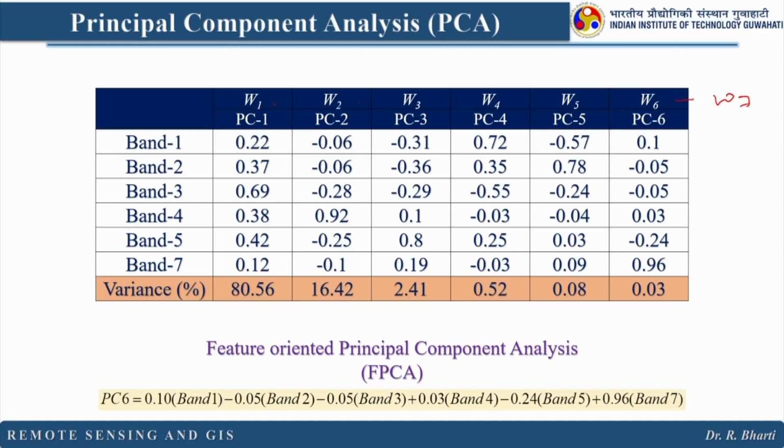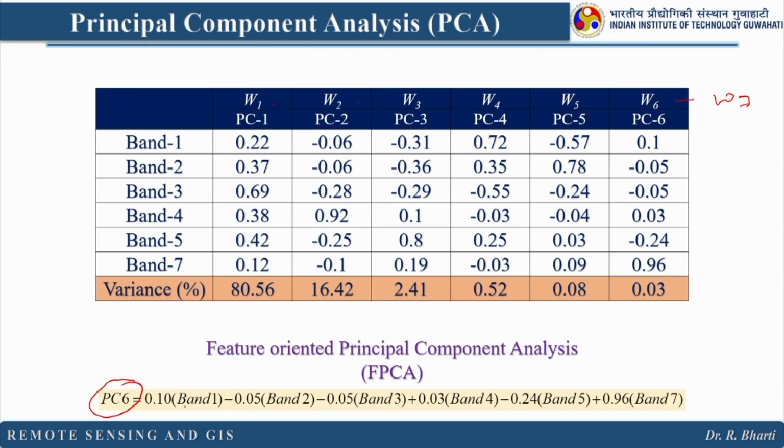So this is one example with 7 bands as input. The output will be PC1, PC2, and so on up to PC7, 7 output principal components, and out of these, principal component 6 has this composition.